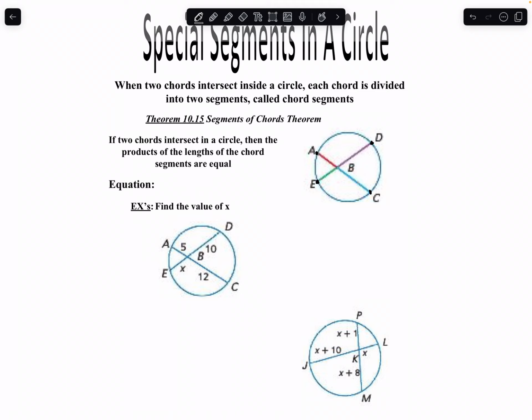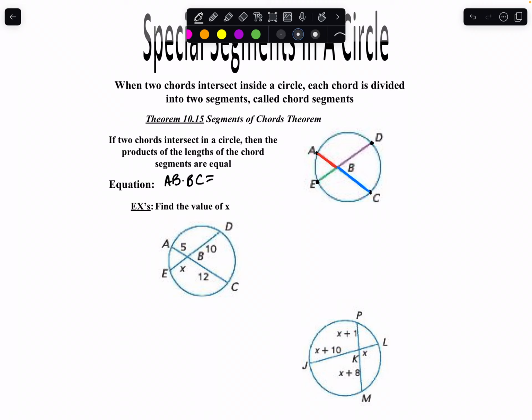And the way we're going to find the relationship between their lengths is we're going to take the chord segment, so like AB, and multiply it by the remainder portion, BC. The product of those two, I'll write the formula here on the side: the product of AB times BC will equal the product of the other two.